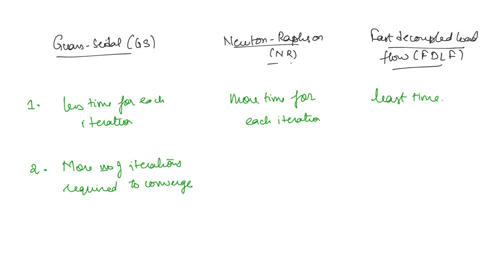And one more point here is the number of iterations required will increase as the number of buses increase. Okay, so number of iterations increase with increase in number of buses.